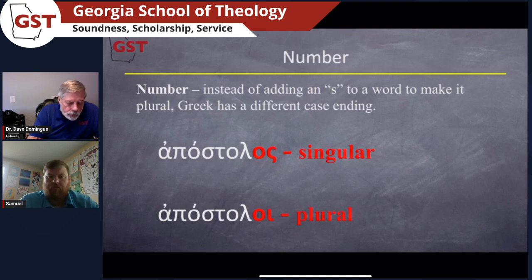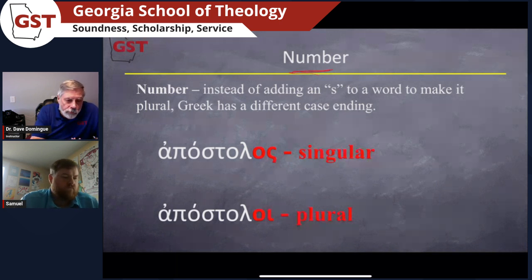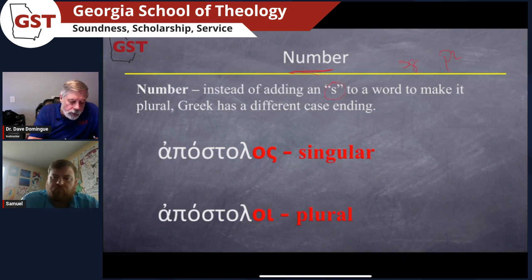And here's a good example. Now, number: we only have two numbers in Greek, in Spanish and in English. It's not 1, 2, 3, 4, 5. It's singular or plural. That's it. In English, we generally add an S or ES to make it plural.